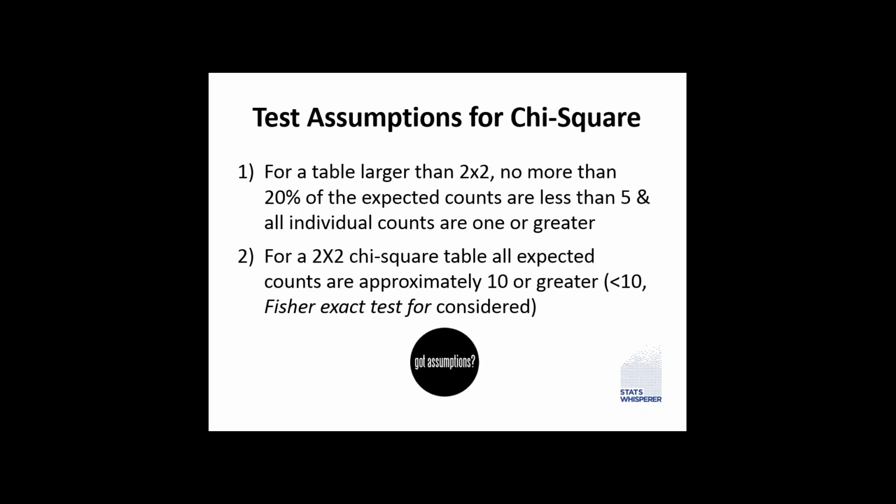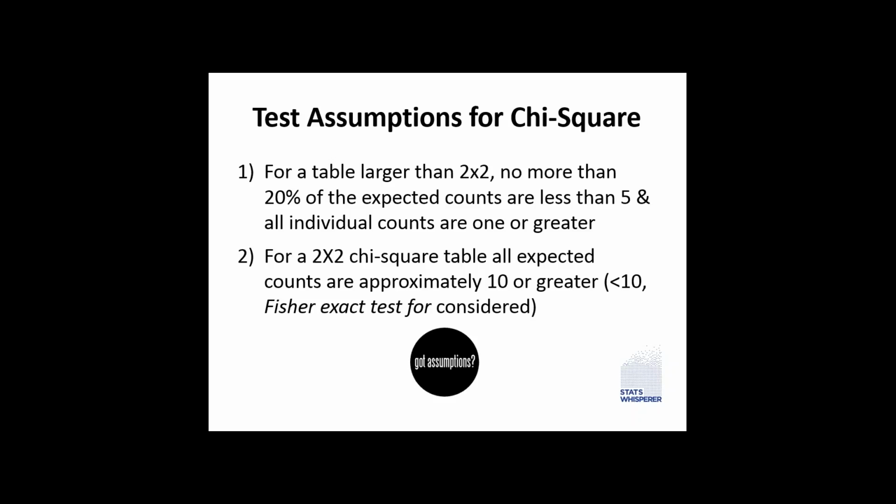Now the chi-square has assumptions too. A lot of people don't know that because it's non-parametric, so a lot of people assume it doesn't, but these are a couple. For a table larger than 2 by 2, no more than 20% of expected counts are less than 5, and individual counts are 1 or greater.